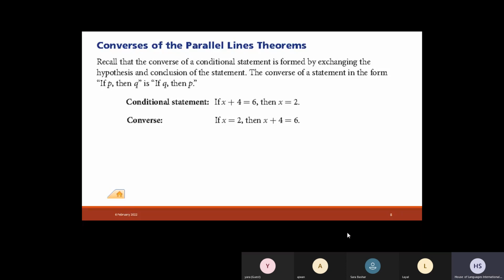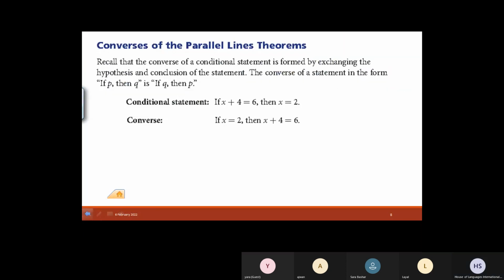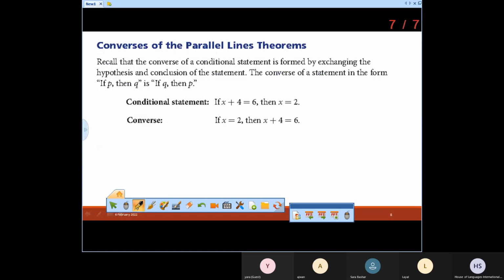We said that this is a conditional statement.